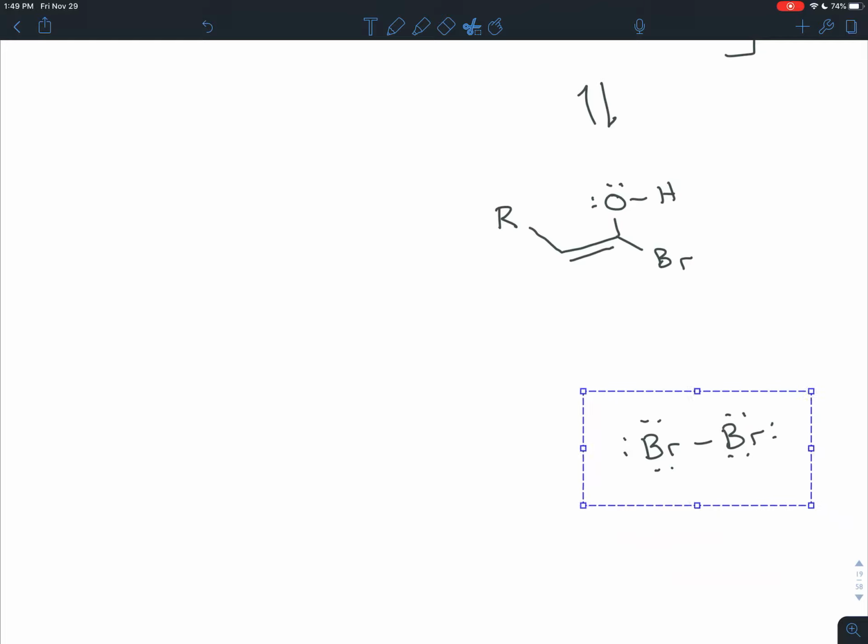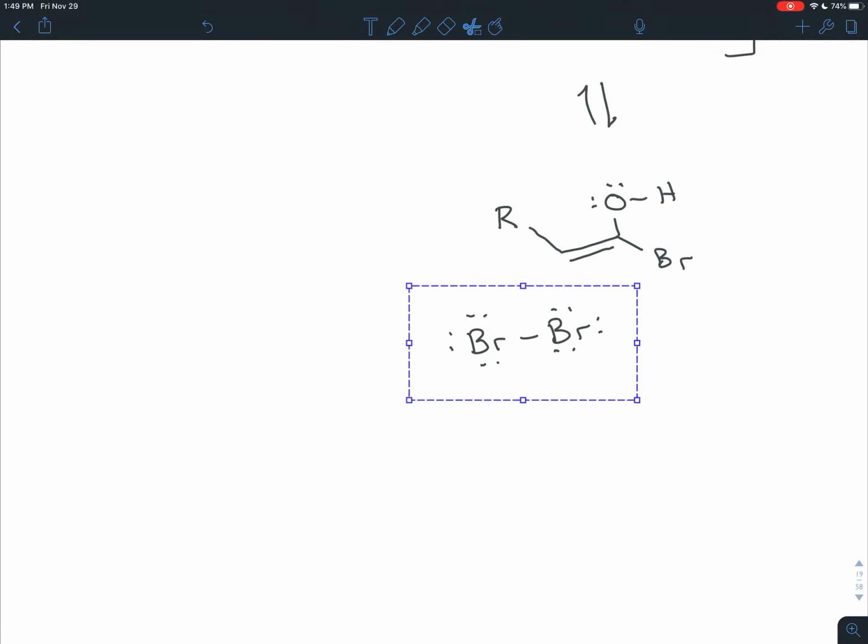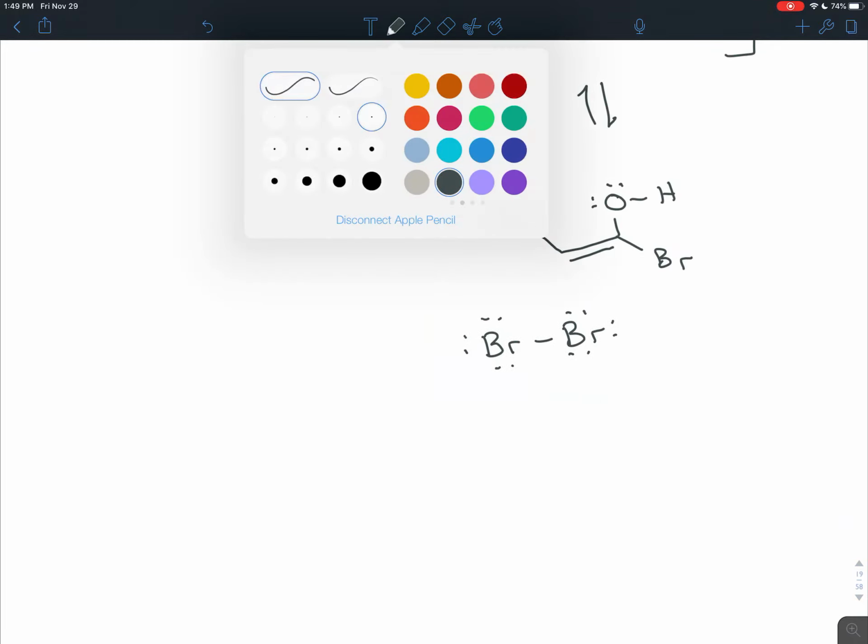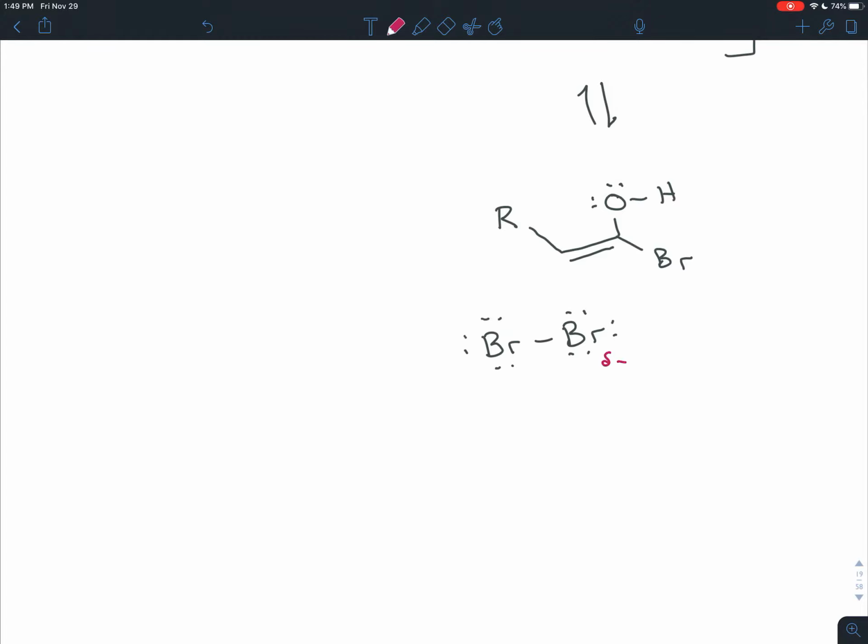As it knocks around randomly in the solution, when it gets close to this pi bond, it feels the negative charge of those electrons. All the electrons in the bromine go away from that, and so there's a slight positive charge in the bromine that can attract these nucleophilic pi electrons. All they need is a little push from the electrons above, and they attack the bromine, kick the other bromine off.